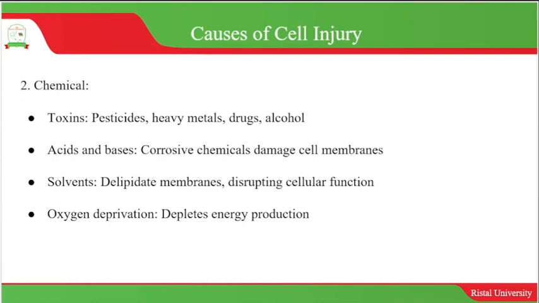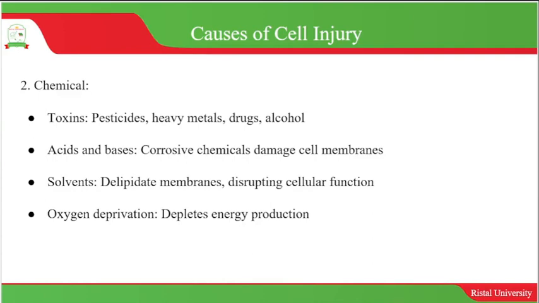Then oxygen deprivation. When these cells are deprived of oxygen, they become hypoxic. Of course, oxygen is very essential for energy production during metabolism. When these cells are supplied with the blood, which has nutrients such as glucose, it needs oxygen to burn this glucose during aerobic respiration and produce ATP that is necessary for them to function properly.